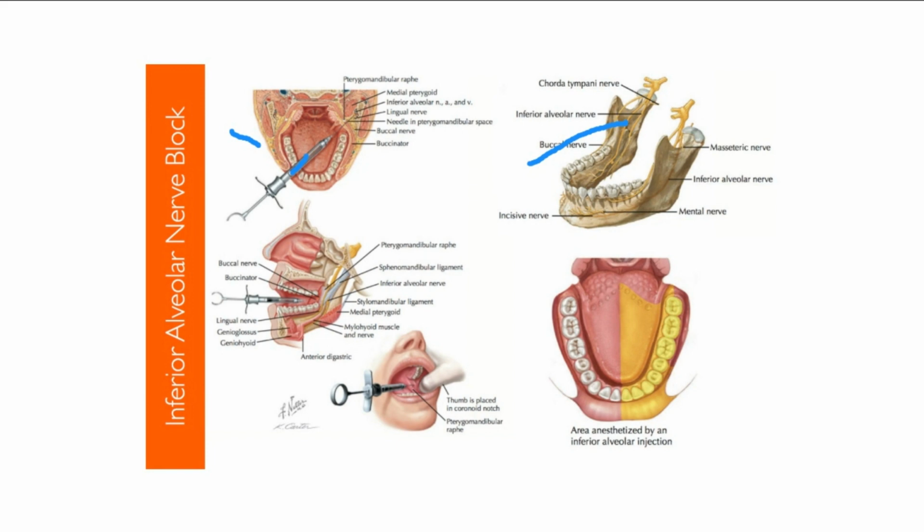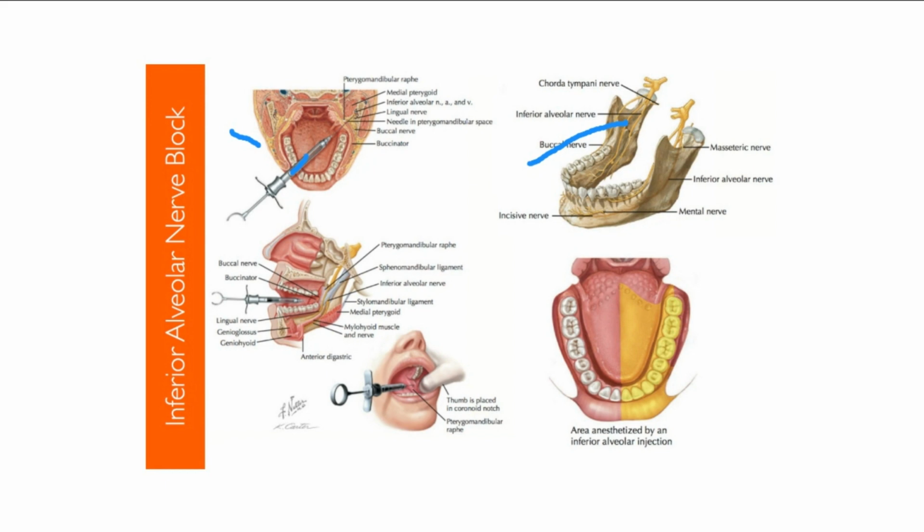I'm not sure I understand the question. Like in the picture, how it's diagonal or crossed. Oh, the first picture. Yeah, you go parallel to the occlusal plane, if that's what you're asking about.